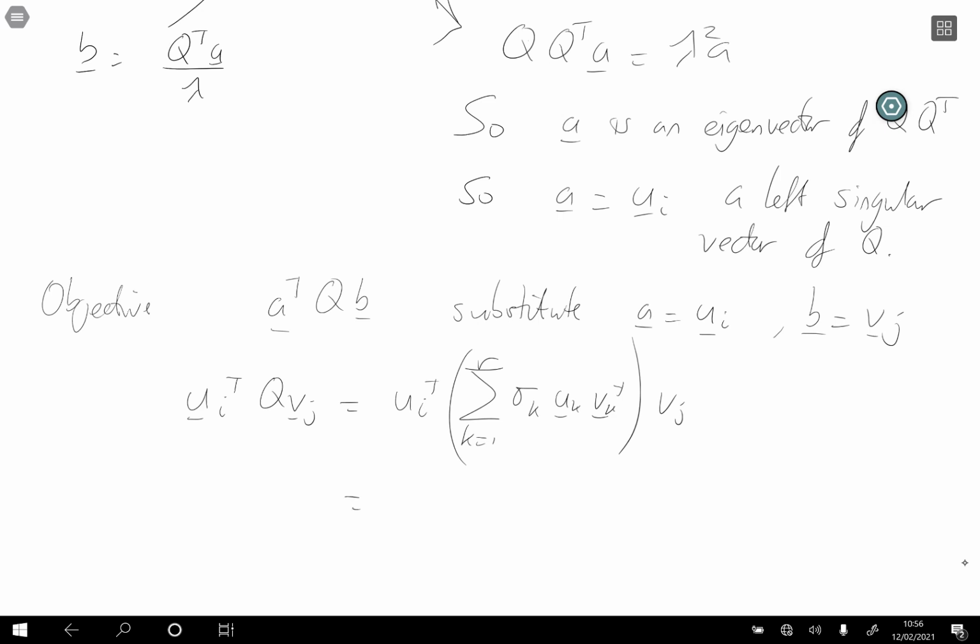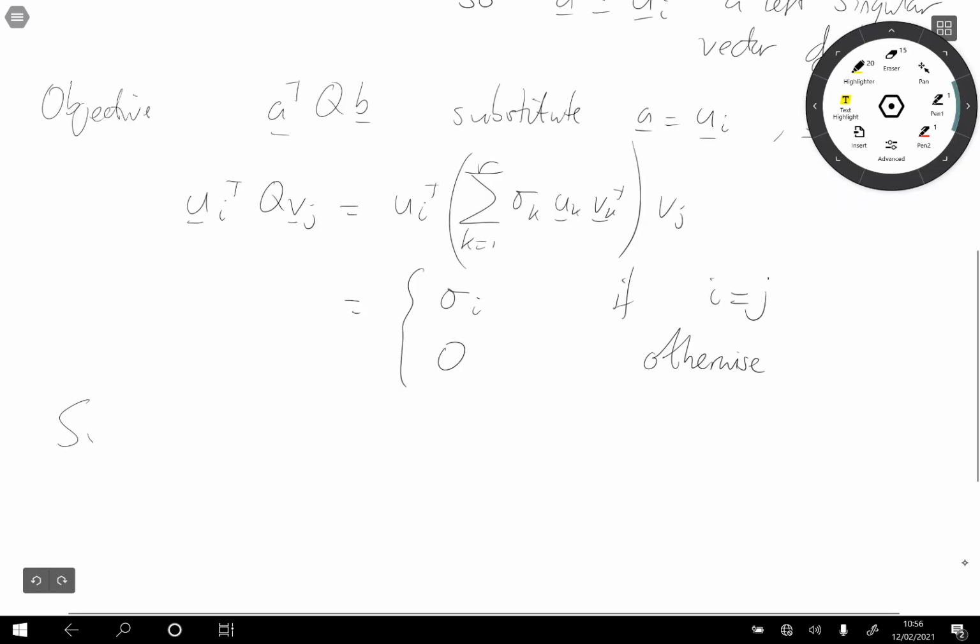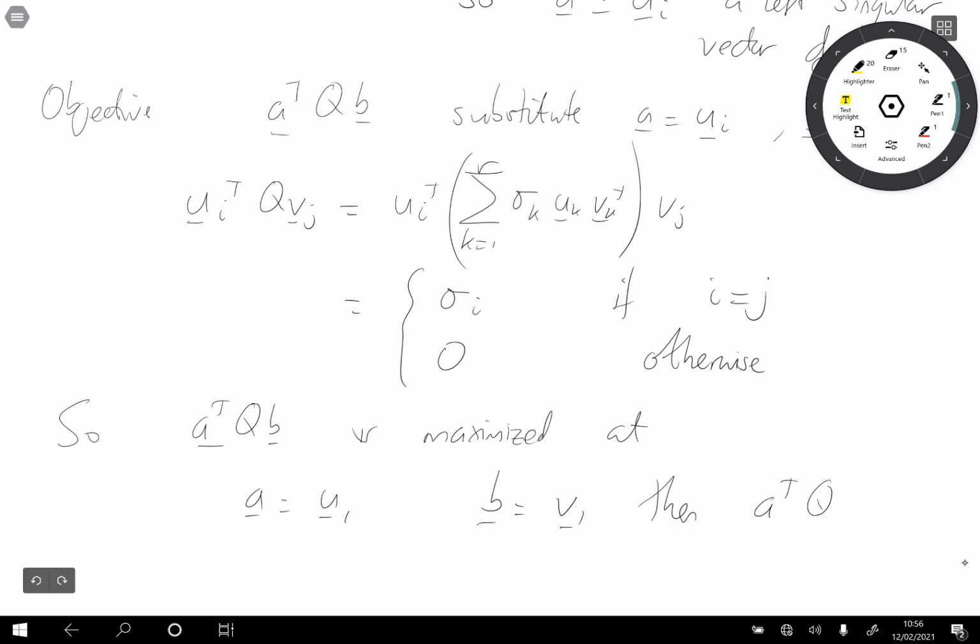What we're going to get this equal to is sigma_i if i equals j, and 0 otherwise. So A transposed Q B is maximized at A equal to U1 and B equal to V1. And in that case, we find that A transposed Q B equals sigma_1, the largest singular value.